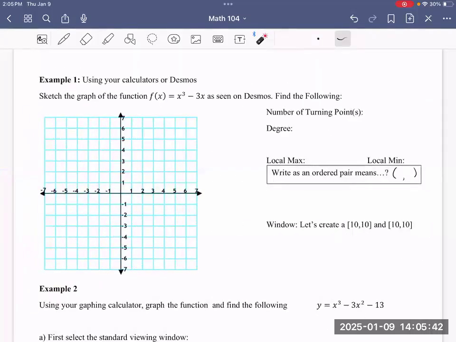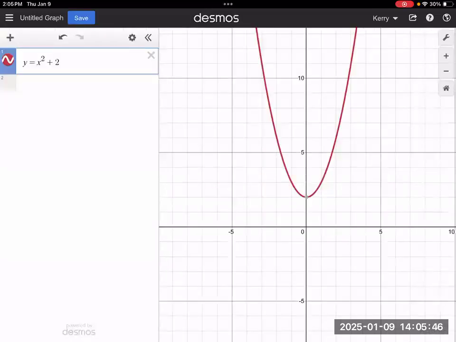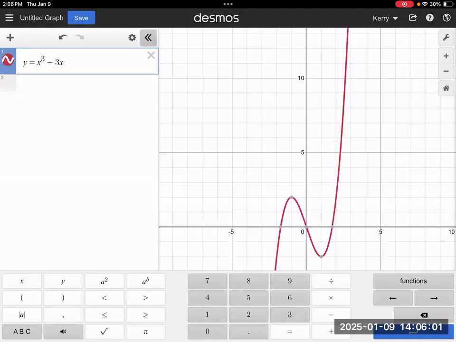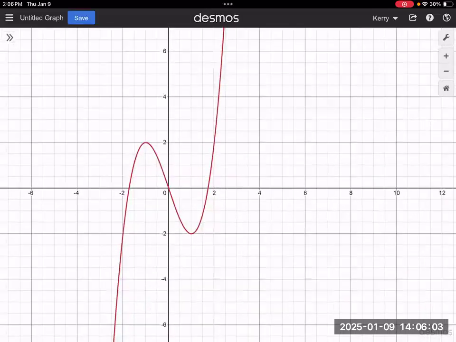So now let's go ahead and put that into Desmos. So we have x cubed minus, let me take out my notes, that would be helpful, minus 3x. So this is our graph right here. I'm going to just shift around my graph. And now I need to determine how many turns.